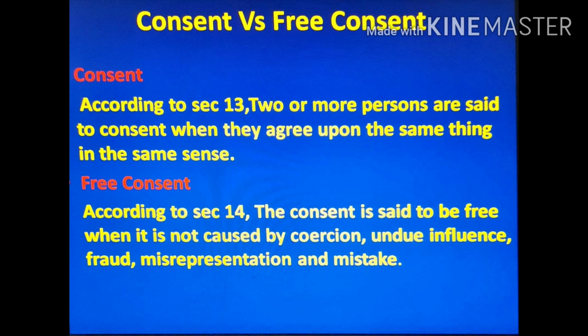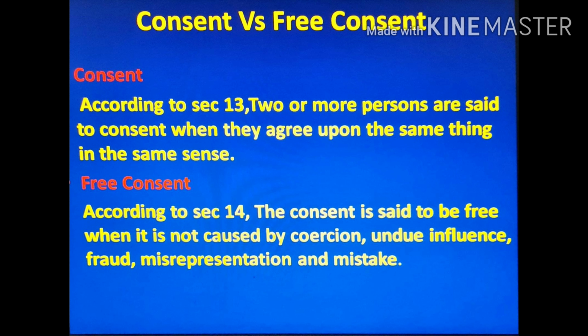According to it, the consent is said to be free when it is not caused by coercion, undue influence, fraud, misrepresentation, and mistake, right? So coercion means a threat or a blackmail in simple language.